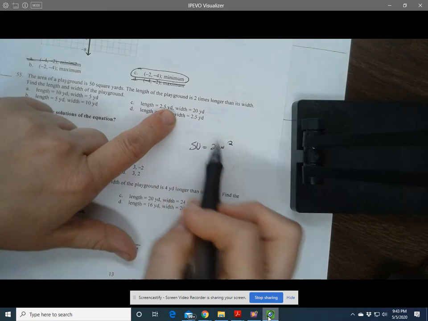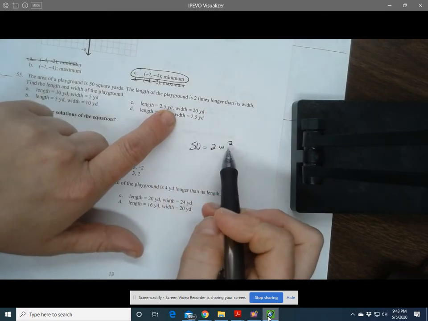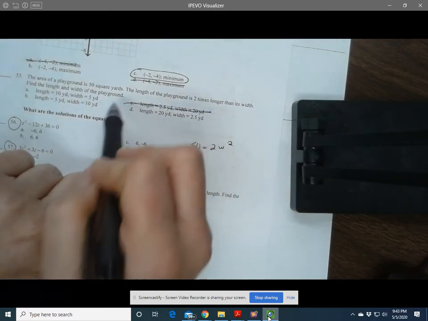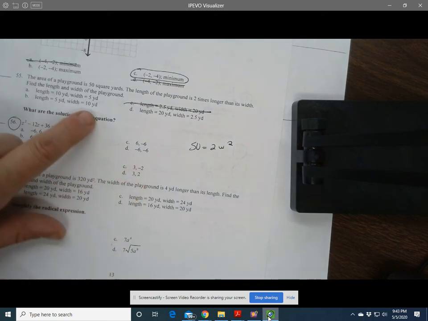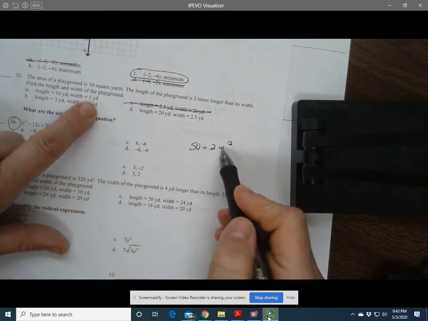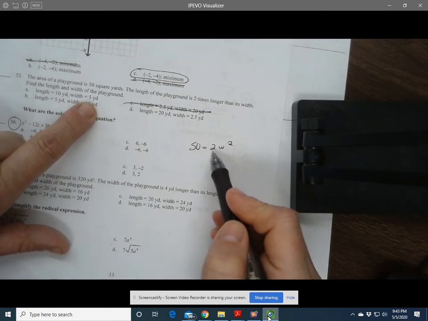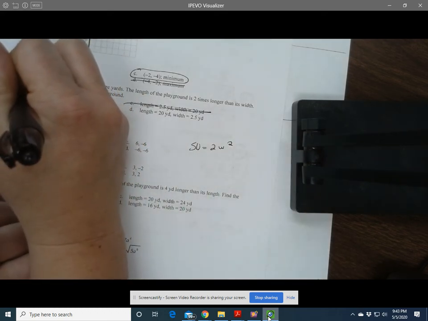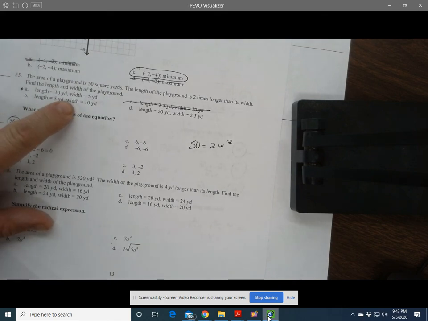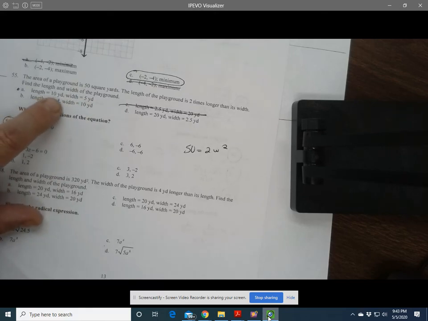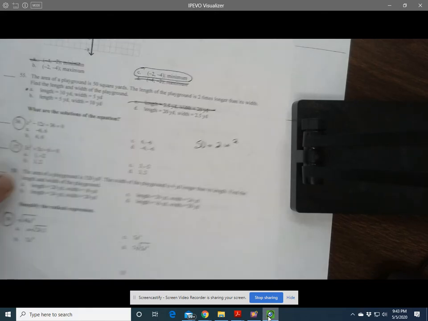If I put 20 in there for the width, 20 squared is going to be way bigger, so I know it can't be that one. 5 squared is 25, and then 25 times 2 is 50, so that is possible. So I'm going to look at that and see, okay, is 5 times 2 equal to 10? Yes, and 10 times 5 is 50. So it does work out, and the answer is going to be A.